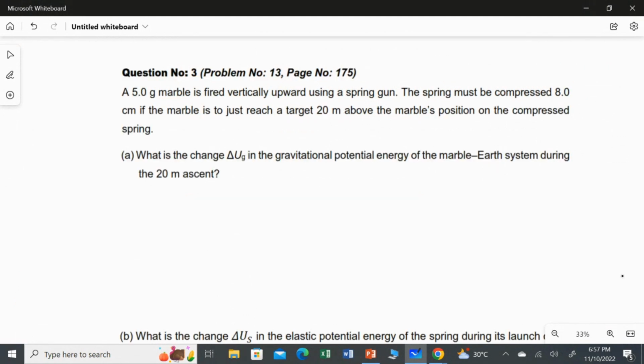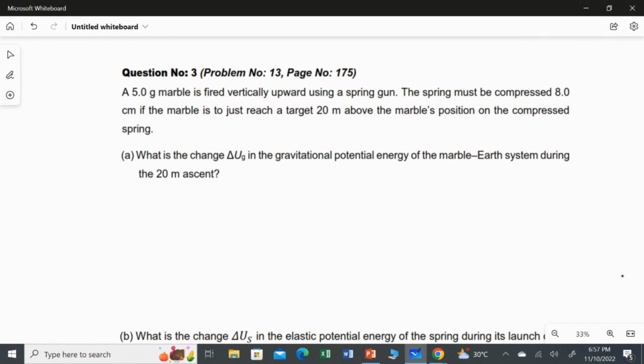Third question. A 5-gram marble is fired vertically upward using a spring gun. So you have a spring gun and you are pressing the spring and putting the 5 grams of marble inside and shooting the marble exactly in the vertically upward direction. And the spring must be compressed 8 centimeter.